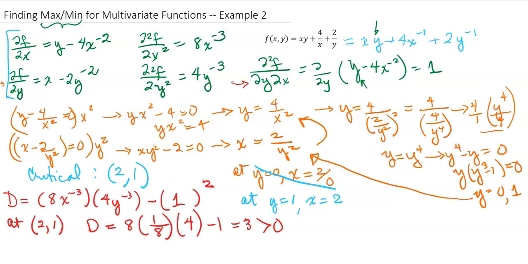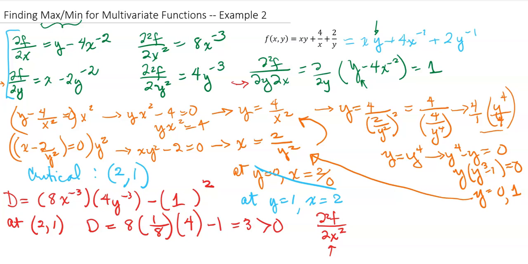Now I have to determine if this is a maximum or a minimum. Remember that having D greater than 0, you have to do one more test. I have to look at the second partial of f with respect to x and determine if that is positive or negative. I always remember this rule by saying, oh, I care most about x's, haven't we always?